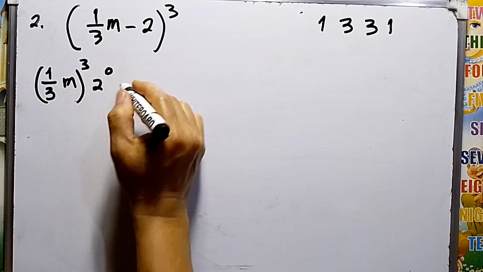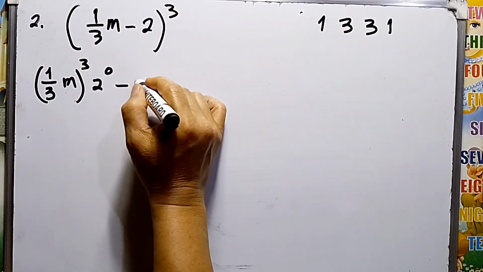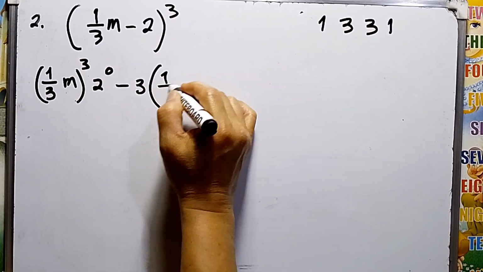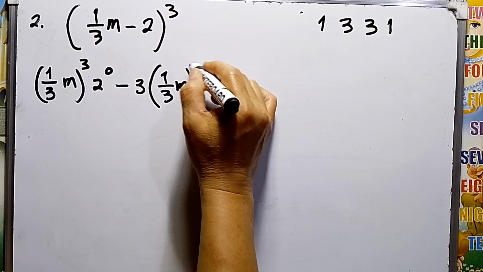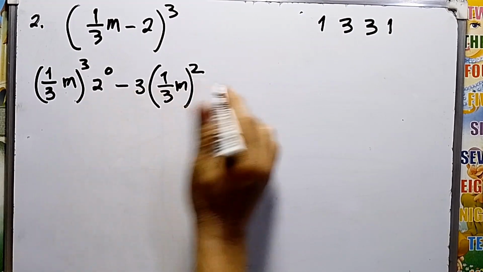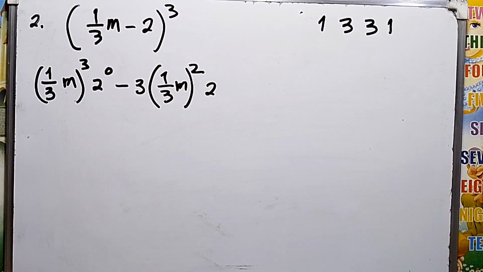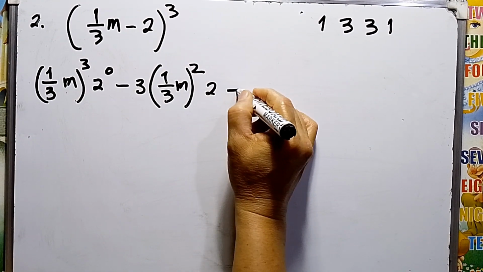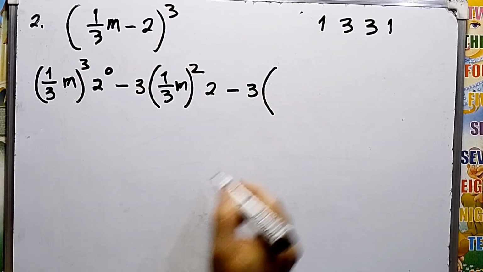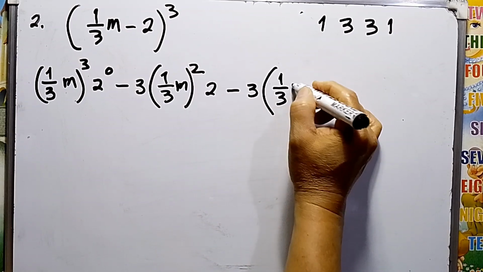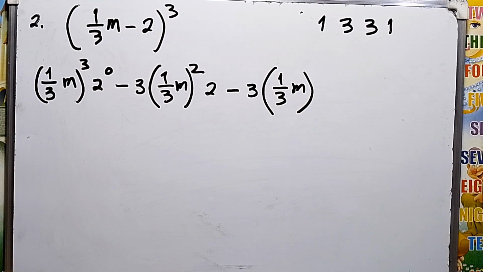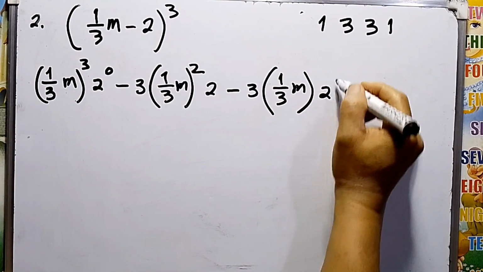Then plus minus 3, 1 over 3 m squared. The second term will be increasing, 2 to the 1 power. So minus 3, this will be 1 over 3m times 2 to the second power.